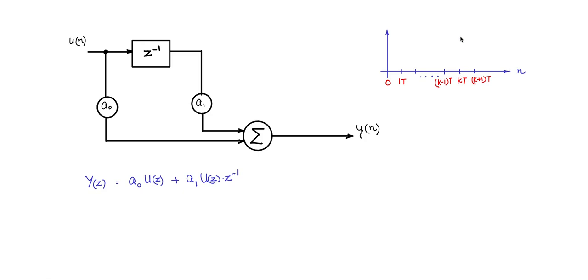Now let me take the snapshot at kT. Let's say kT is the present. kT is the current time of interest. So at this moment, if you take the snapshot at kT, then the value of y at that point in time will be y at kT, and the input at that point in time will be u at kT.